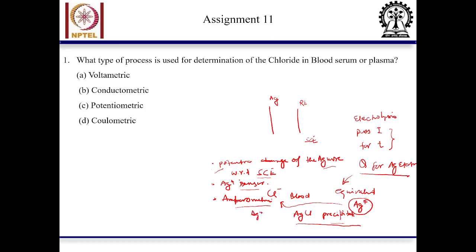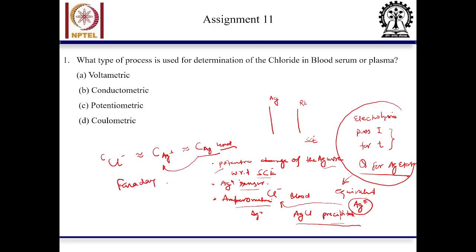Now the question is how we are going to find out the chloride ion concentration. The concentration of chloride ion will be equivalent to the concentration of silver ion generated, which is equivalent to the amount of silver used, right? Now how much silver has become silver plus ion will be determined by Faraday's law.